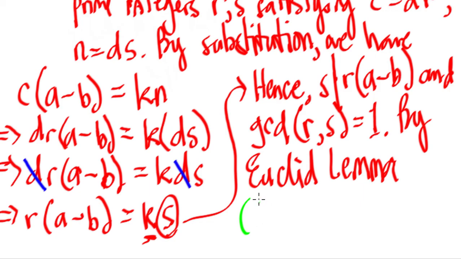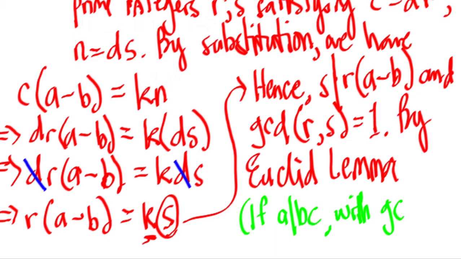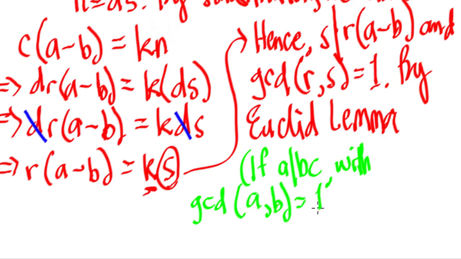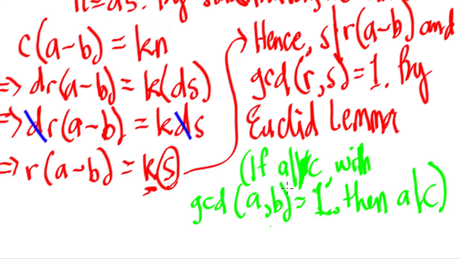Euclid's lemma states that if A divides B times C, with the GCD of A and B equal to 1, then A divides C. That is, we can cancel the B, since A is a factor of B times C with GCD of A and B equal to 1.